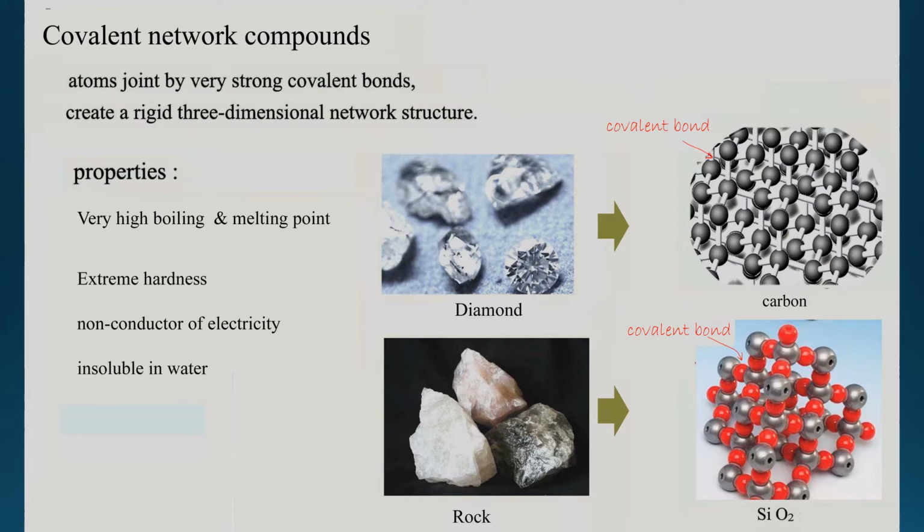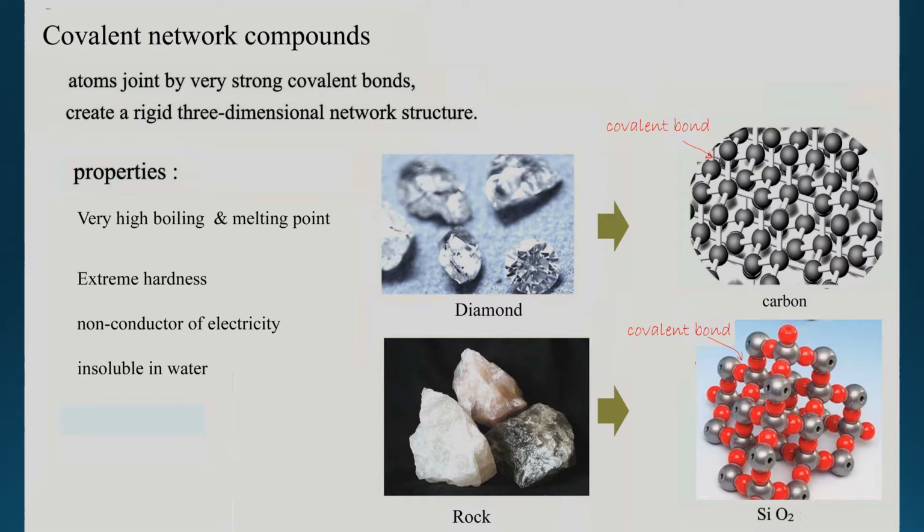They are also held by covalent bonds, and you can see they also have a three-dimensional rigid structure. Each one bonds with its neighbor, forming an infinite 3D network structure. So how big can it be? Could be a million, trillion atoms all bonded to each other into a totally rigid structure.